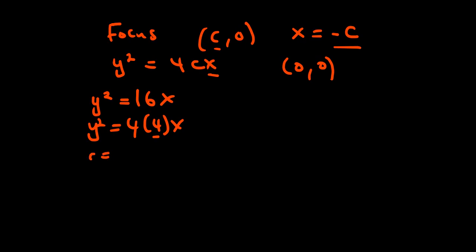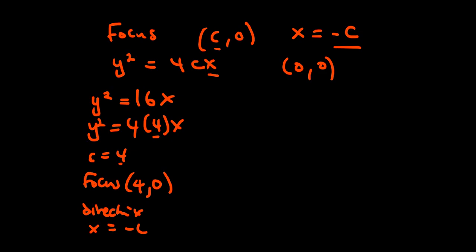Then your focus has to be in the x, so it's (4, 0). My directrix is going to be x equals negative 4, since it's negative of c.